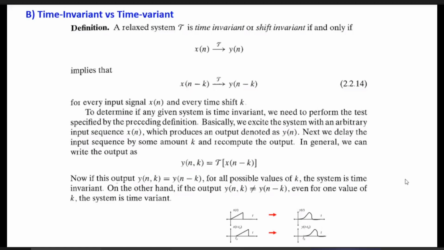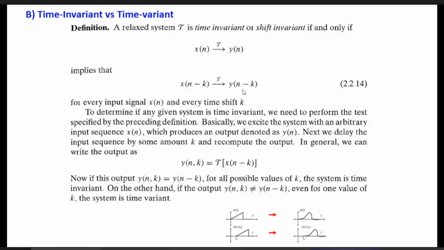Say if today I apply one input to a system and get some output, then if the same input is applied tomorrow and the same output is obtained, then it is called time invariant. That means the response does not vary with time, but in a time variant system the output will vary with time.